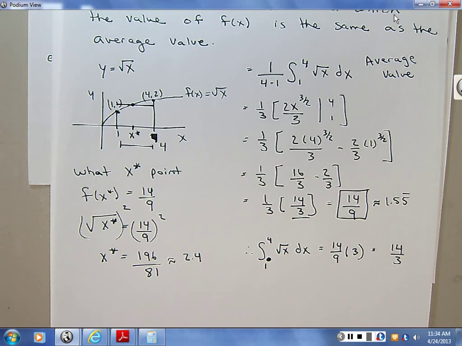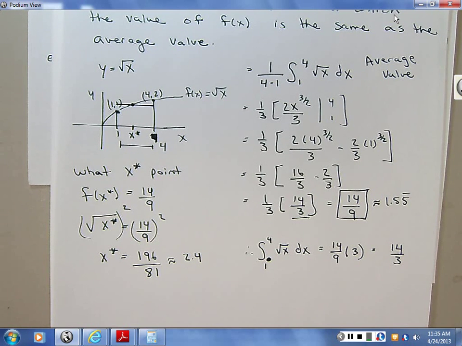Question? So the x star is, the x value is the 1.55, the y value? Yes, that's the average value. This 1.55 is right here at x equals 2.4, y equals 1.55. The x value is where I'm plugging it into the function, the y value is what I'm getting out. So this is the average value, which would represent the y value, and this is where it happens.